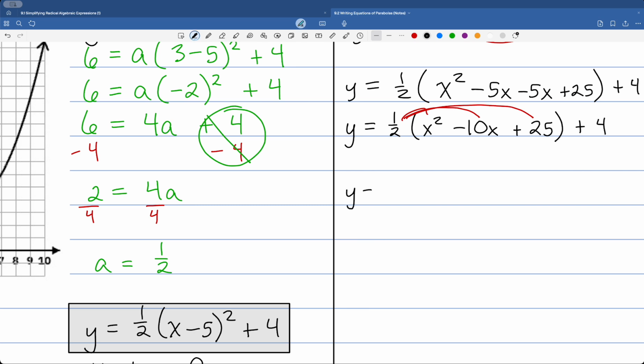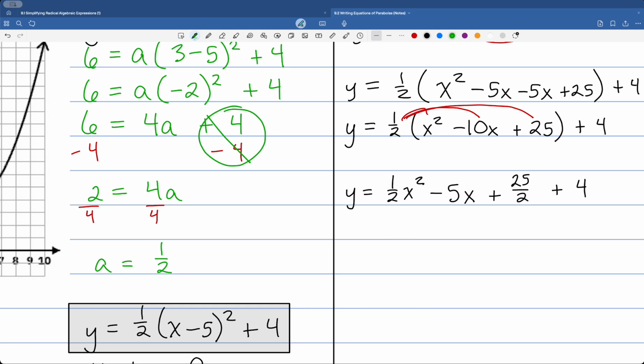We have y equals 1/2 x squared. Half of 10 is negative 5x. Half of 25, we're just going to put plus 25 over 2. And then we'll add 4.